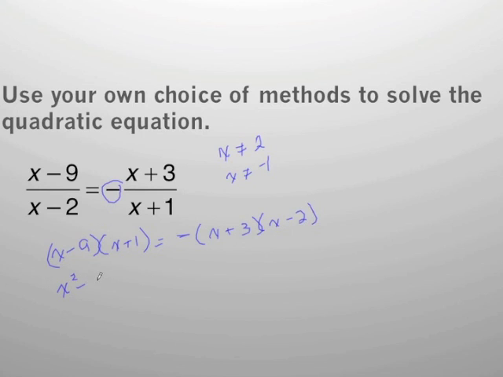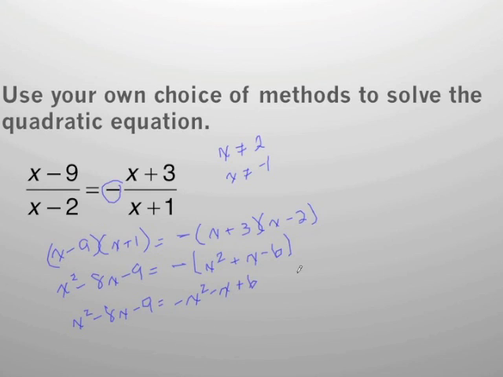x squared minus 8x minus 9 equals negative of x squared plus x minus 6, or x squared minus 8x minus 9 equals negative x squared minus x plus 6.